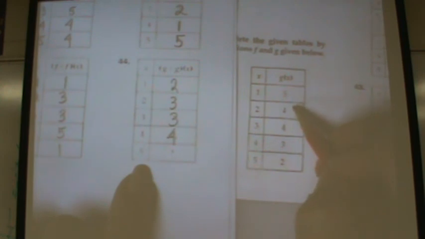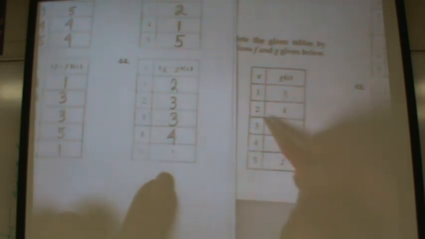And 5 into the g function, you get a 2. 2, you get a 4. And that concludes 3.5 Day 2 homework.